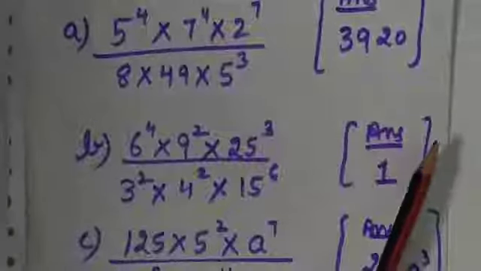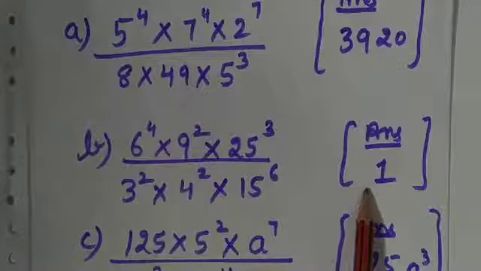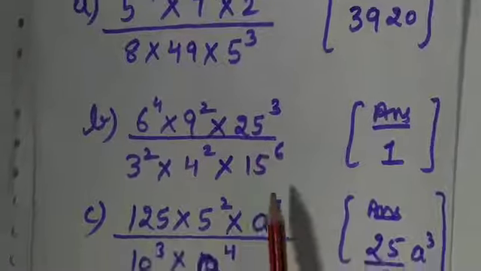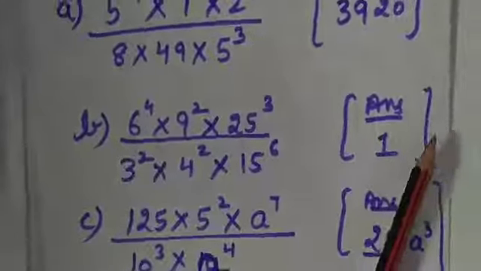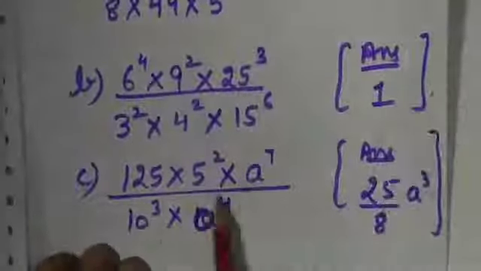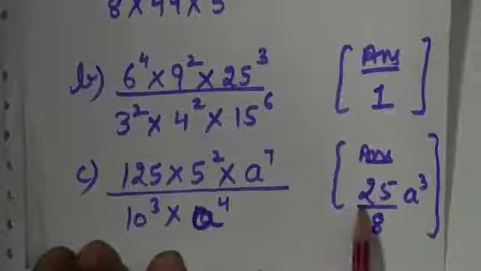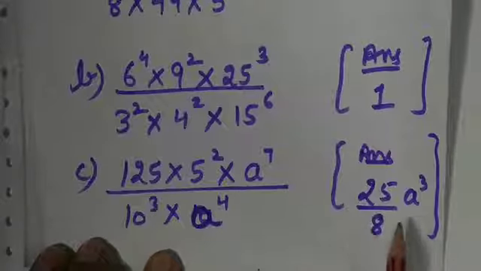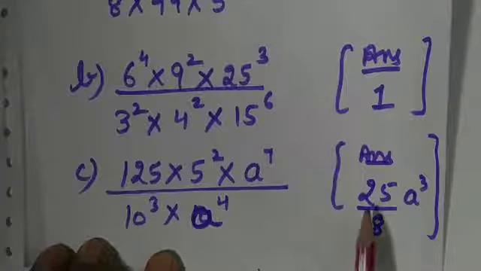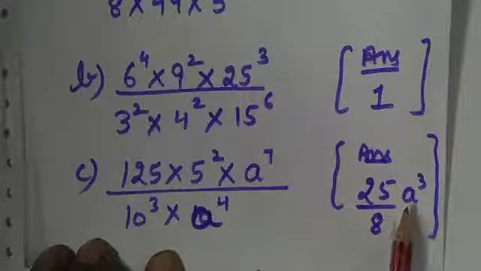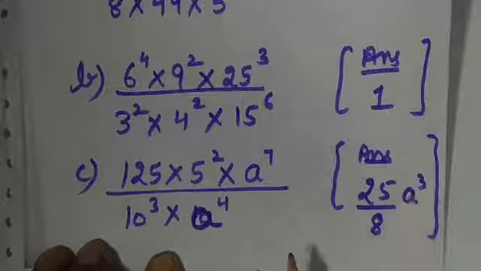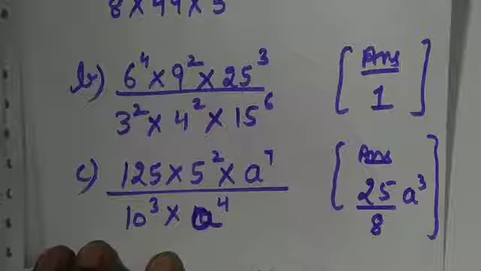B part you are having is this, and C part is this, and its answer is 25 by 8 a cube, or you can read it as 25 by 8 into a raised to the power 3. So this is your question number 13.